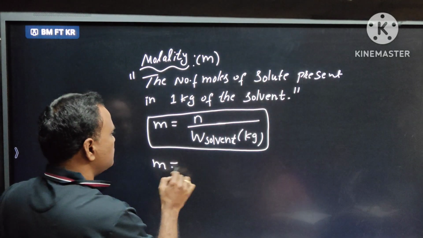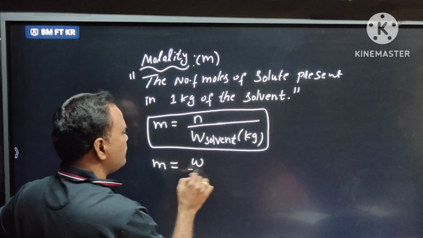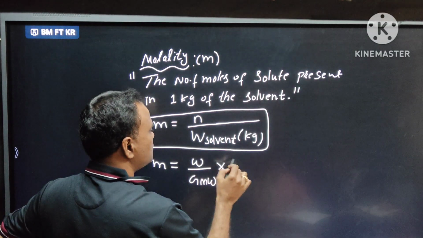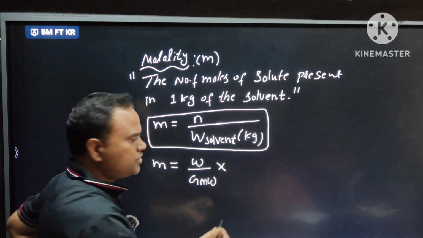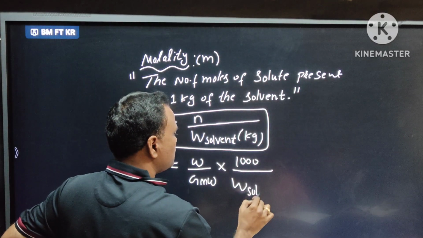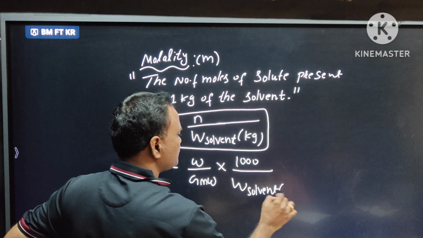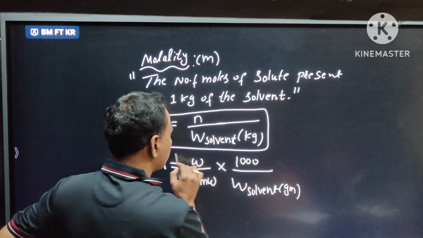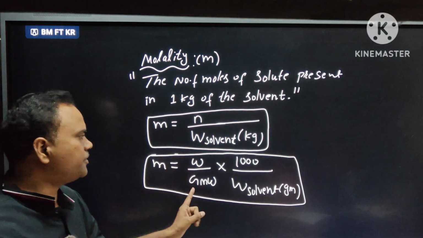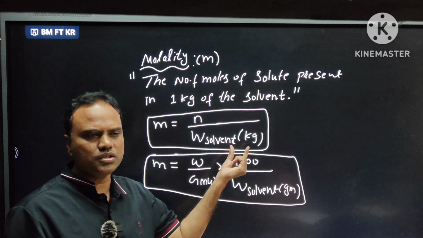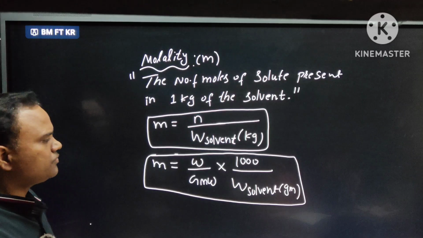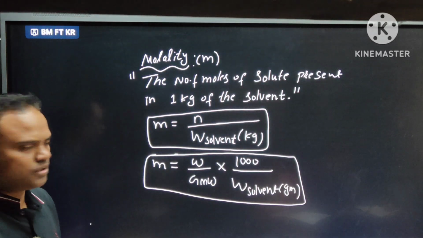So molality is equal to, in place of n, weight by gram molecular weight, into 1000 by weight of the solvent in grams, since we are converting kg to grams.